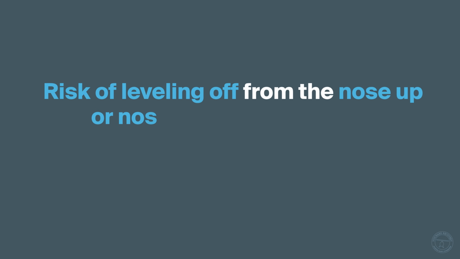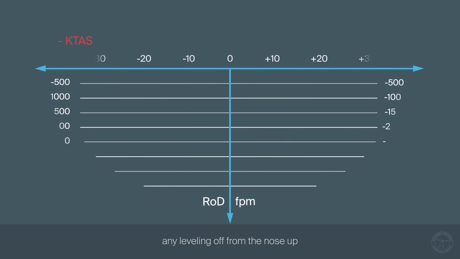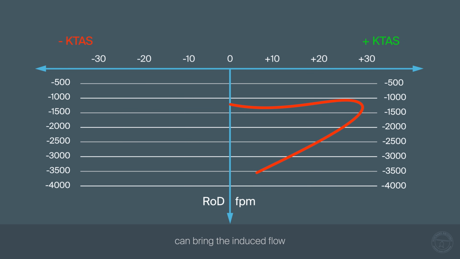Risk of leveling off from the nose up or nose down attitude near or within the VRS buildup sector. Please note that any leveling off from the nose up or nose down attitude can bring the induced flow to the 90-degree angle to the rotor disc. Thus, the first condition for the formation of a vortex ring state could be fulfilled.